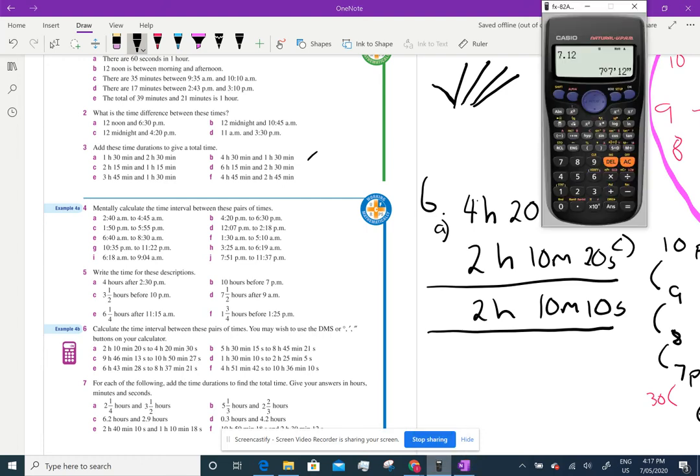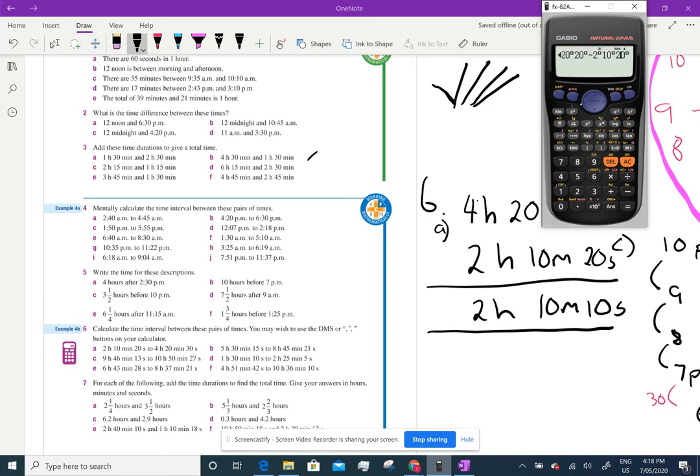But watch this on your calculator. This is so cool. So 4, press this button, hours, 20 minutes and 20 seconds. Now they look as though they're all the same symbol, but they're not. Minus 2 hours, 10 minutes and 20 seconds. Press equals. Oh, I must have tried to, sorry.